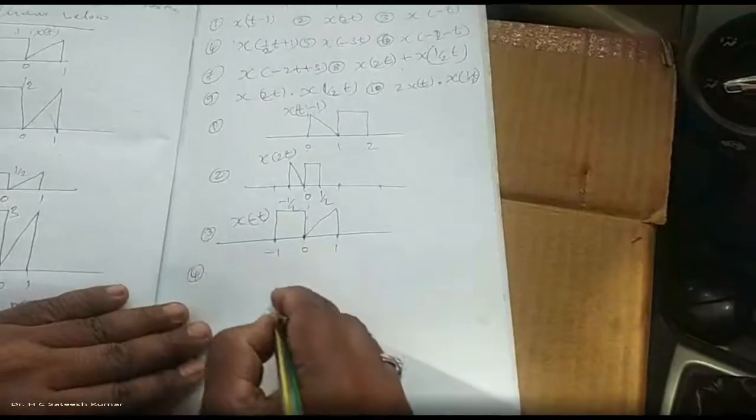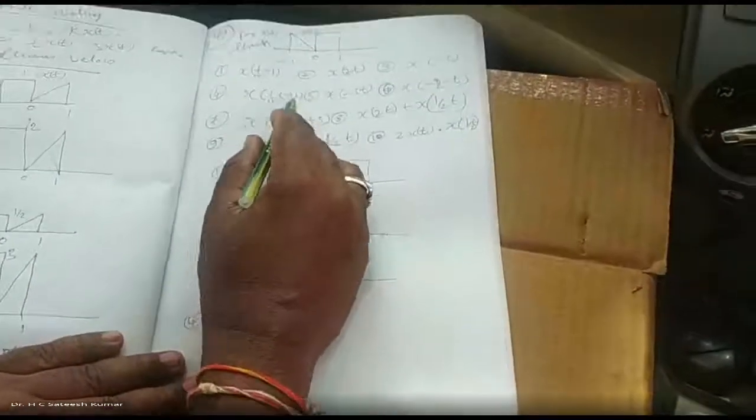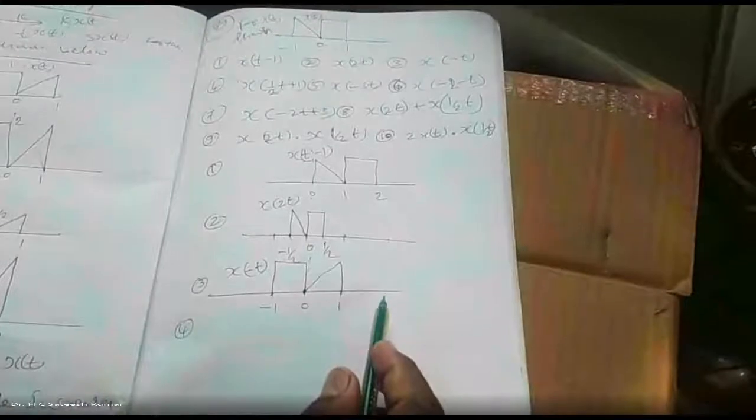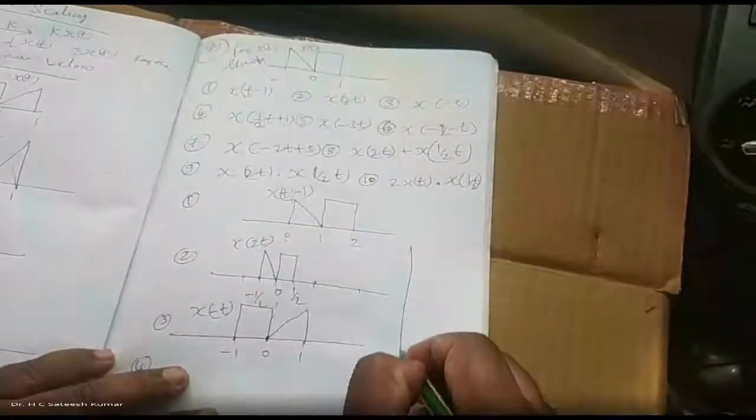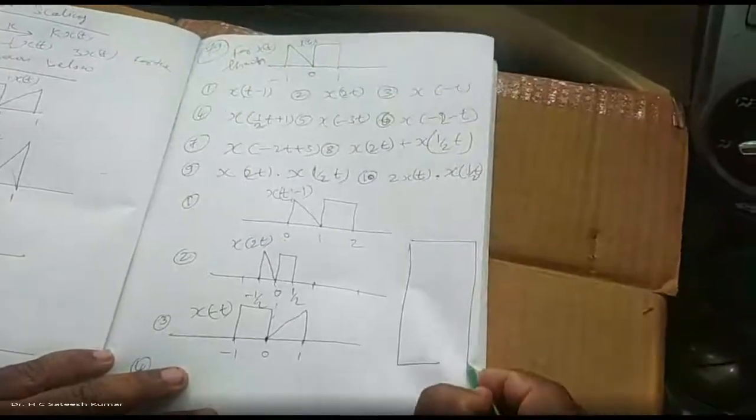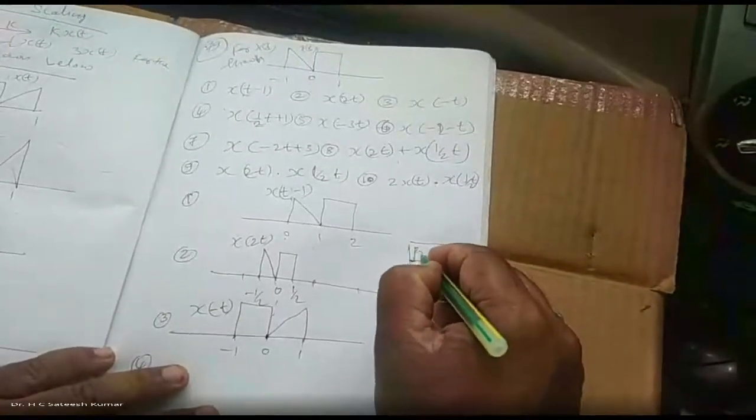Fourth one. Now, whenever there is a combination of operations, particularly when you are doing shifting, scaling, and folding, there is a precedence rule. Which one should precede which one? That rule I will call the precedence rule.